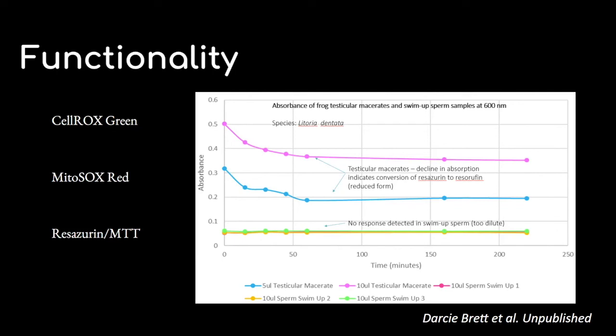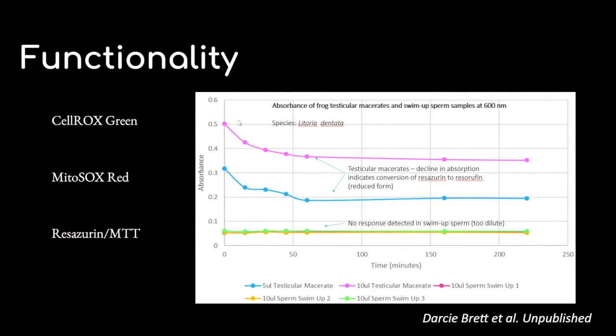Basically you use resazurin, which when you add it to the sperm, some of it gets converted to resorufin. And that reduction from resazurin to resorufin, we hope can be correlated to oxygen consumption and basically metabolic activity of the sperm.